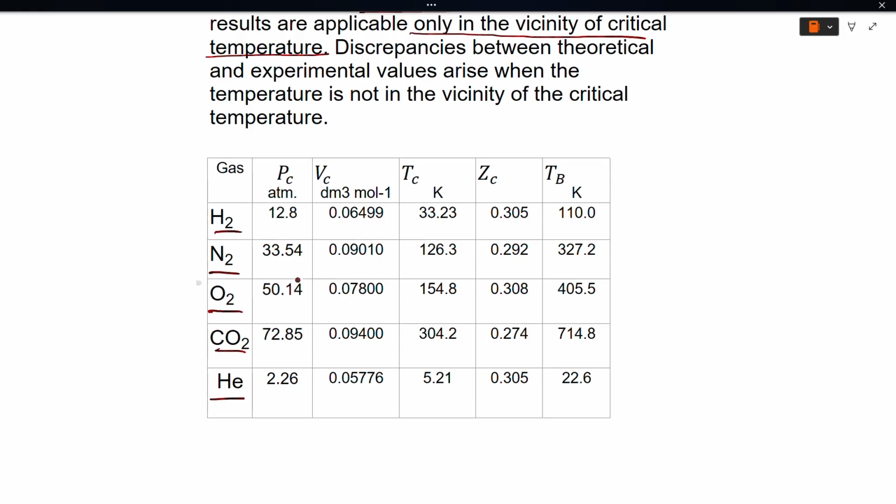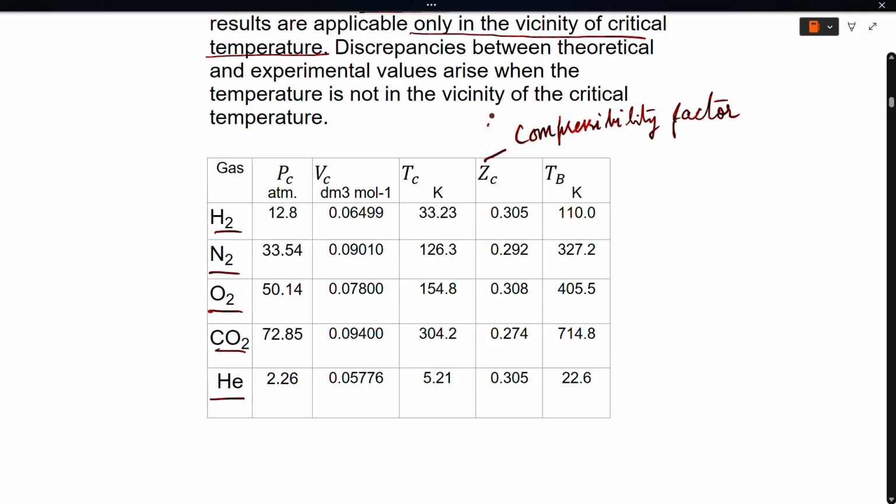PC, VC, all are given. ZC is the critical compressibility factor, under critical conditions. The compressibility factor and TB values are given here.